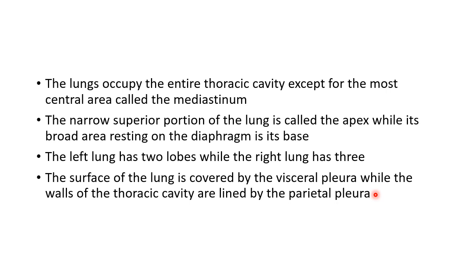So the lung also has a visceral pleura, which is directly on top of the lung, and a parietal pleura, which lines the thoracic cavity. This is a type of serosa, where in between the 2 layers of the pleura, between the visceral pleura and the parietal pleura, you have pleural fluid.